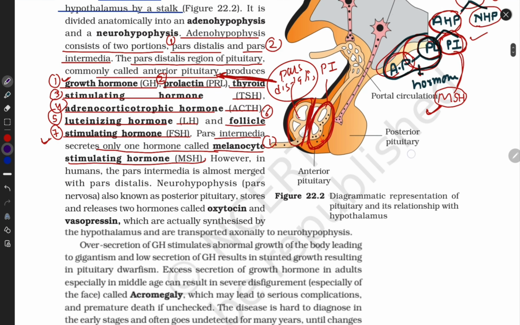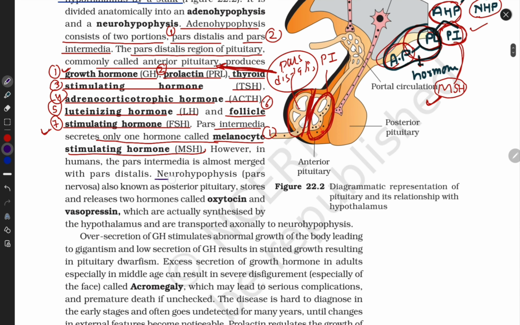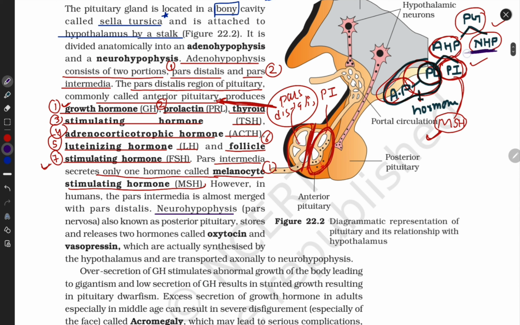Now let's move on to the neurohypophysis. Let's talk about the neurohypophysis. We also call it the pars nervosa. Am I right? Pars nervosa. It is also known as the posterior pituitary.